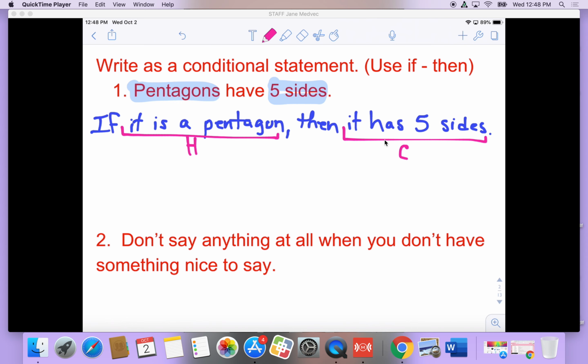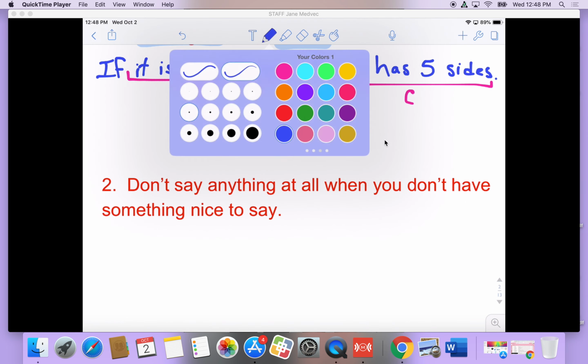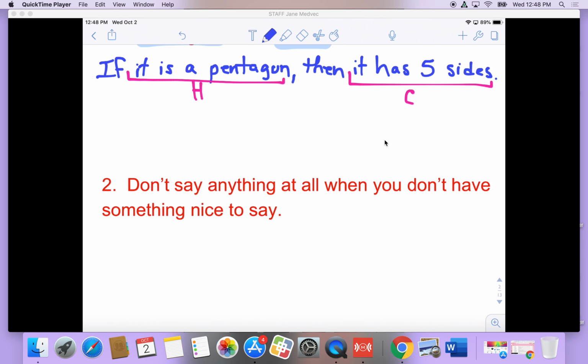Okay, let's go to the next one, see if we can do that. We're going to start with the word if. Yes, if. Okay, it says, don't say anything at all when you don't have something nice to say.